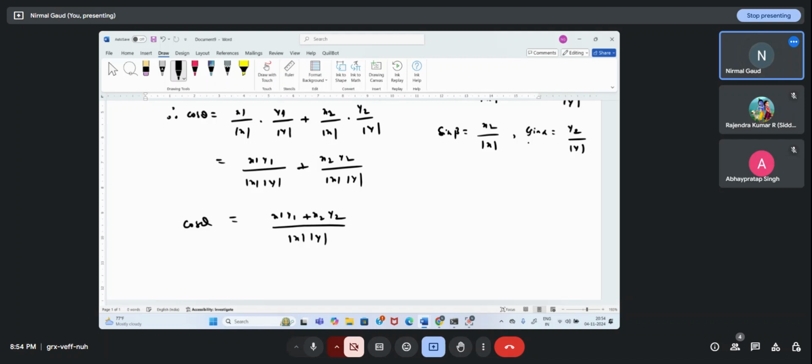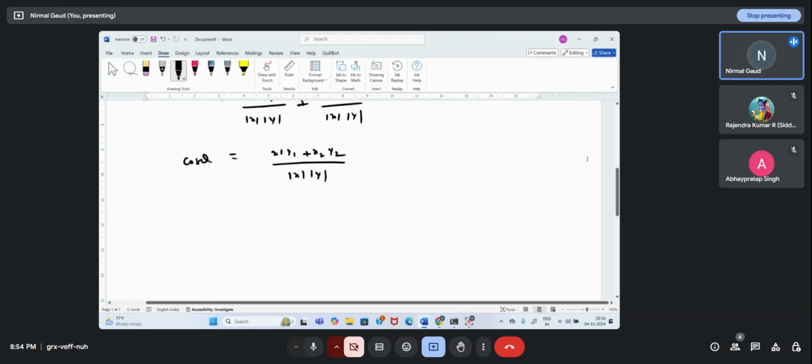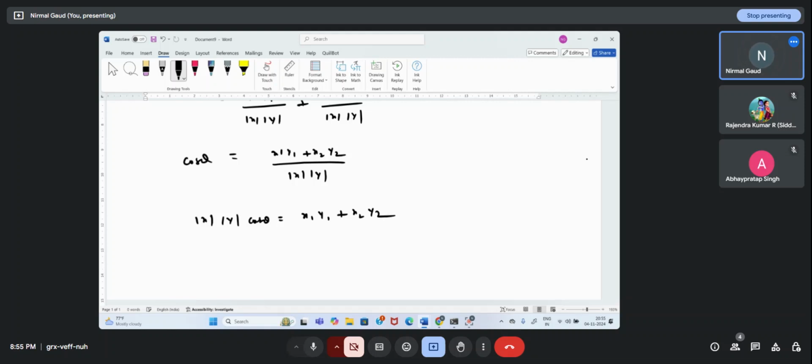You can do one thing. Just take this mod of x mod of y to the other side. So mod of x mod of y cos theta is equal to x1 y1 plus x2 y2. Therefore, it is now your x dot y, that is x1 y1 plus x2 y2. We have to remember this thing.